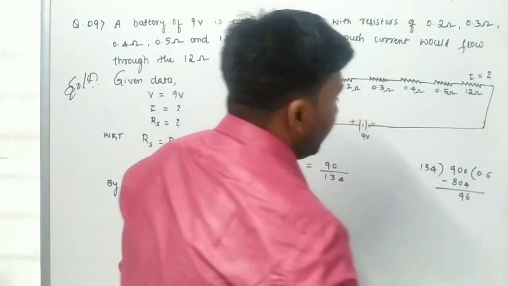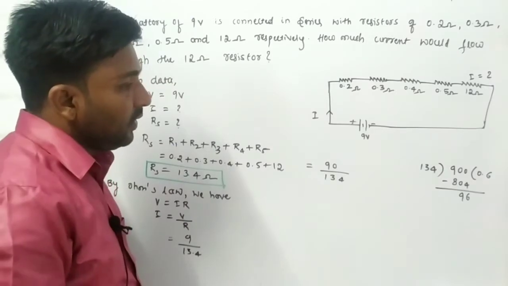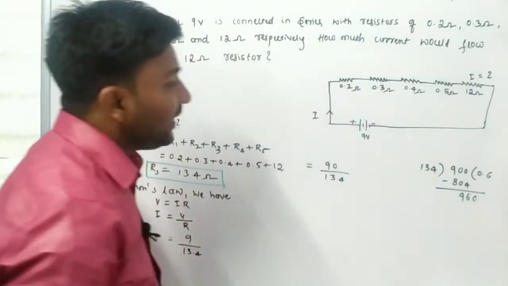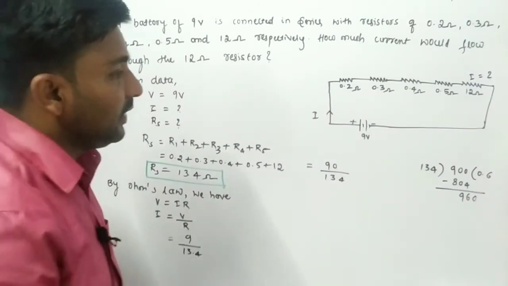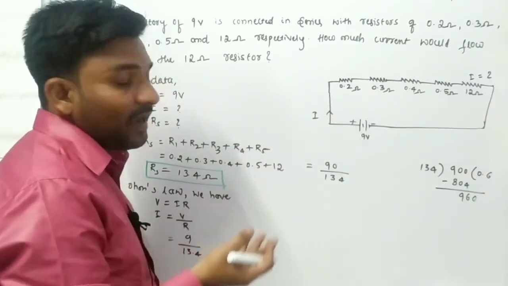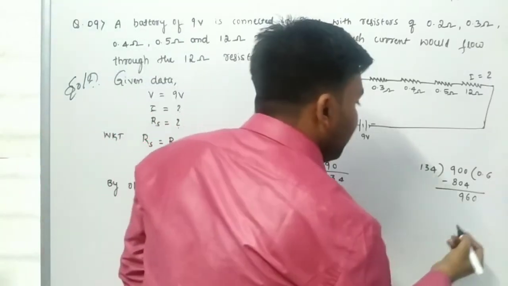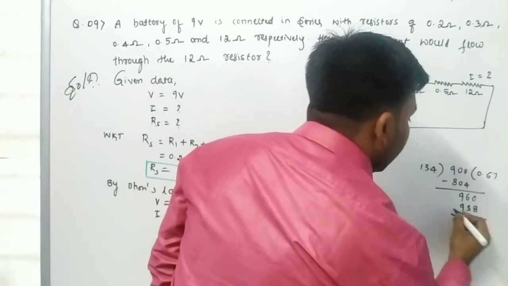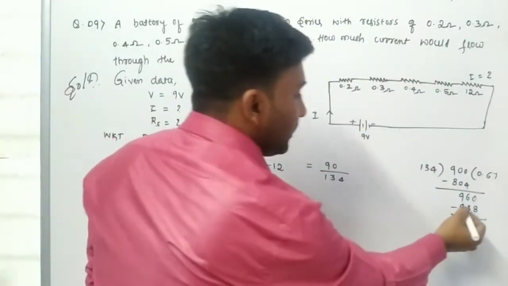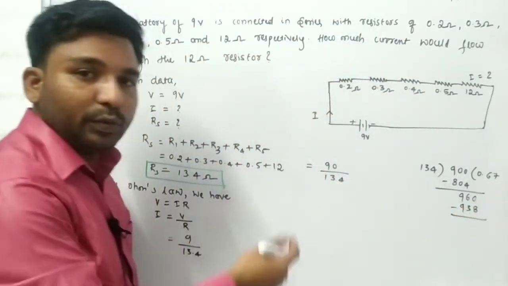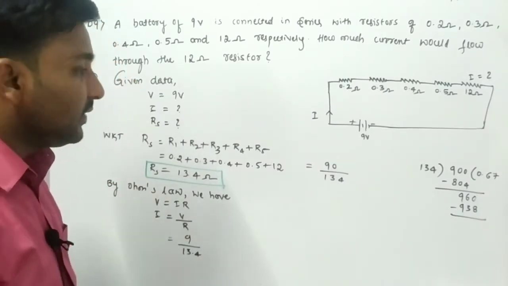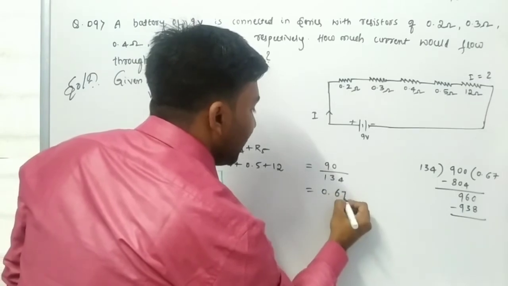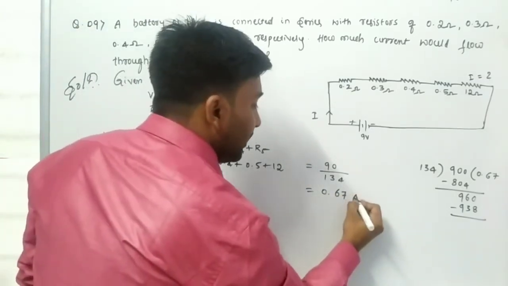It is 96. Right. Now take one more 0, it is 960. Now 134 times 7 is 938. Subtract it. Now we got 2 digits, no need for further simplification. So this is equal to 0.67 ampere.